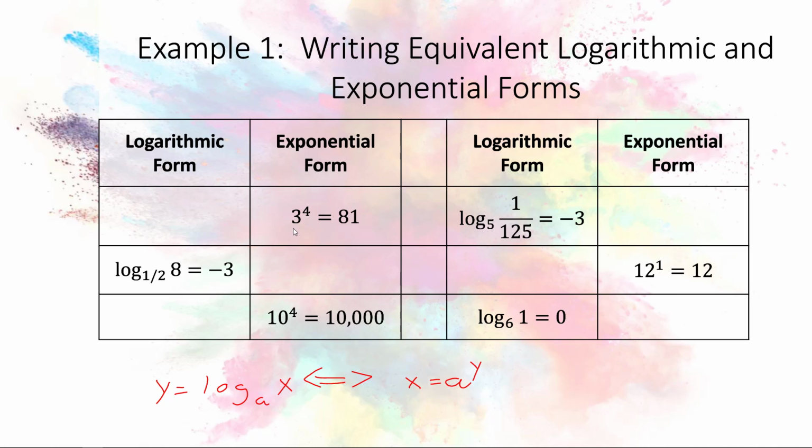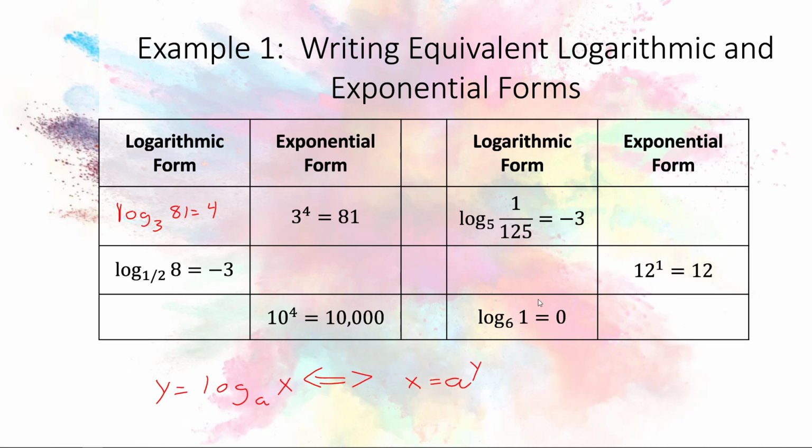So here we have 3 raised to the 4th power is equal to 81. 3 is the base, okay? So we are going to have log base 3, and then the argument of the log will be 81. And that is going to be equal to the power that 3 must be raised to get 81, and that would be 4.